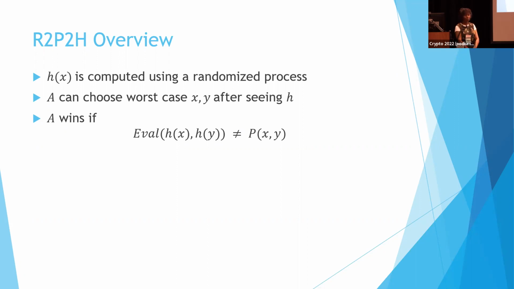Because if the adversary is able to see the output H of X, they can learn some knowledge about the randomness that was used to compute the hash on X, and then in some way choose a bad Y that will enable it to break security.